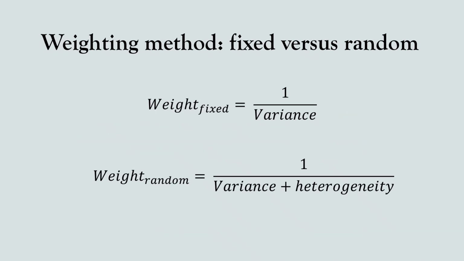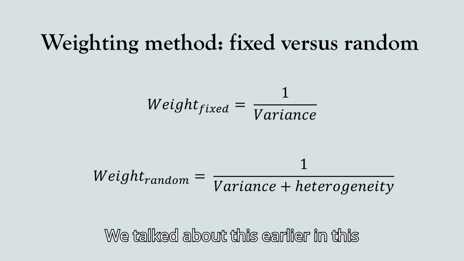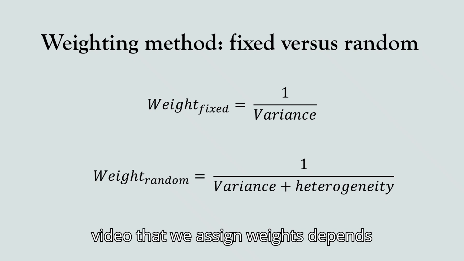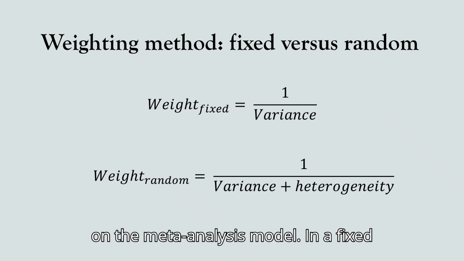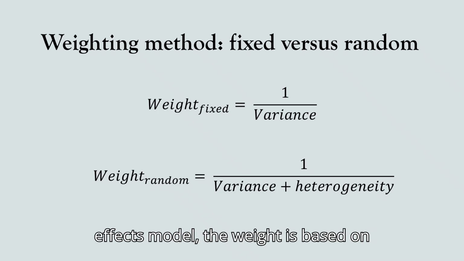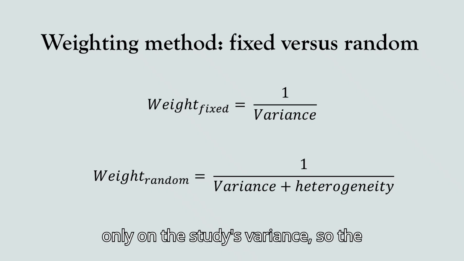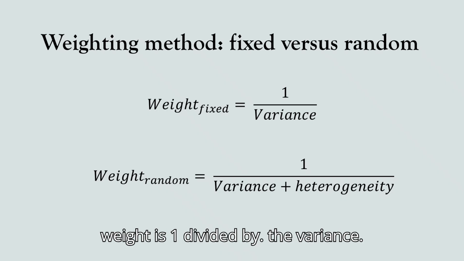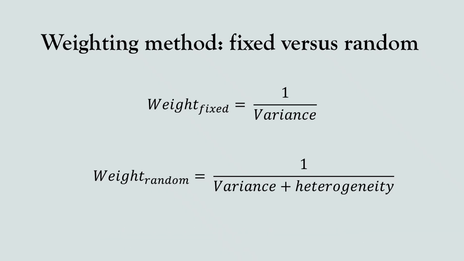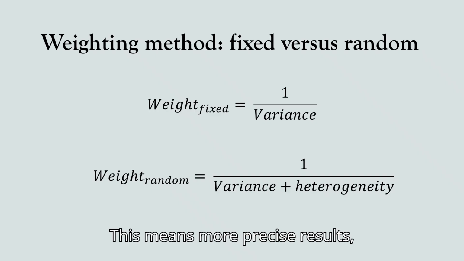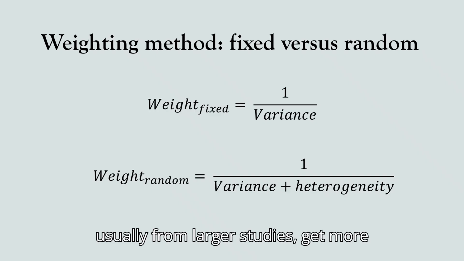We talked about this earlier in this video, that the weights we assign depend on the meta-analysis model. In a fixed effects model, the weight is based only on the study's variance. So the weight is 1 divided by the variance. This means more precise results, usually from larger studies, get more weight.